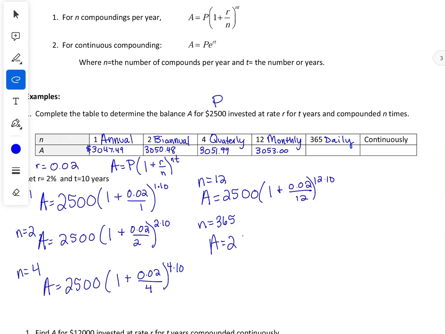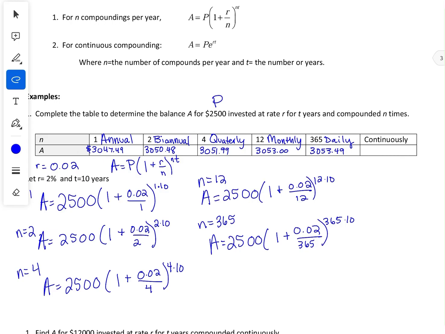Okay, so let's see how you did. I got 3,053.49. So they're all really close together. You earn a few extra dollars, but they're pretty similar.